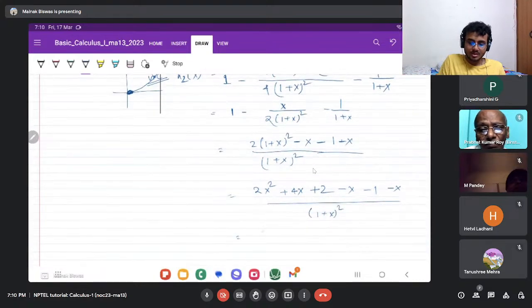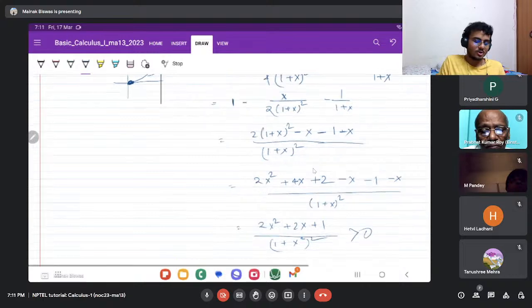This is, if I take 2, x square plus 2x plus 1. This is greater than 0 or not?